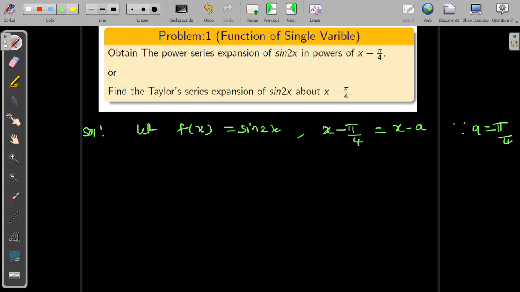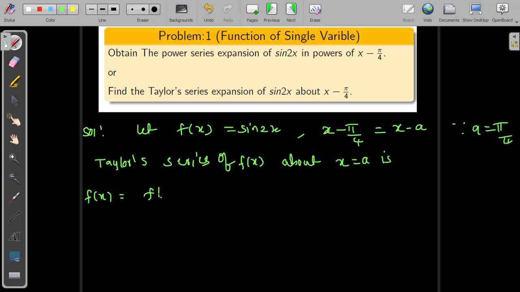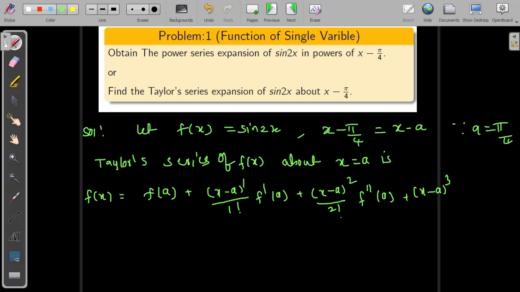I'm going to write the rule. Taylor series of f of x about x equal to a is defined like this. f of x equals f of a plus x minus a power 1 by 1 factorial times f dash of a, plus x minus a whole square divided by 2 factorial times f double dash of a, plus x minus a whole power 3 by 3 factorial times f triple dash of a.